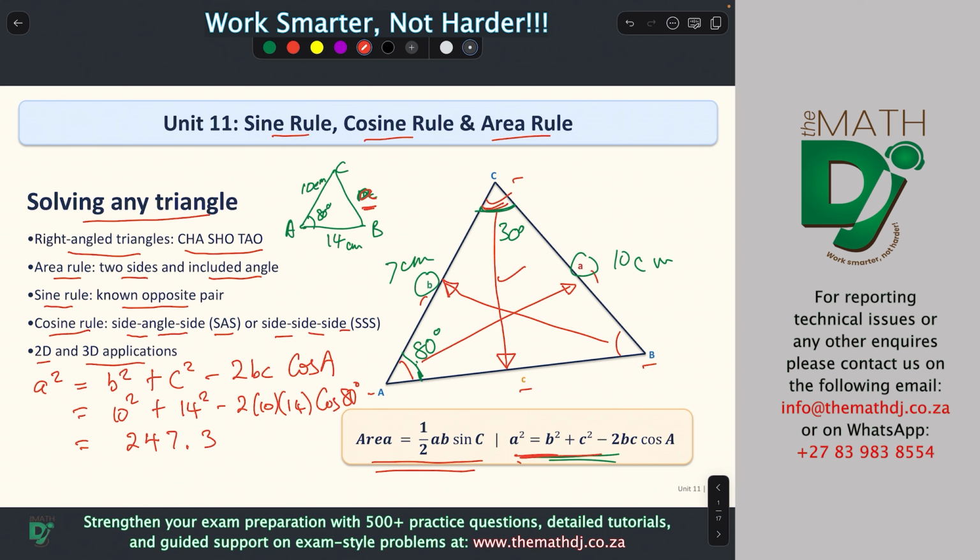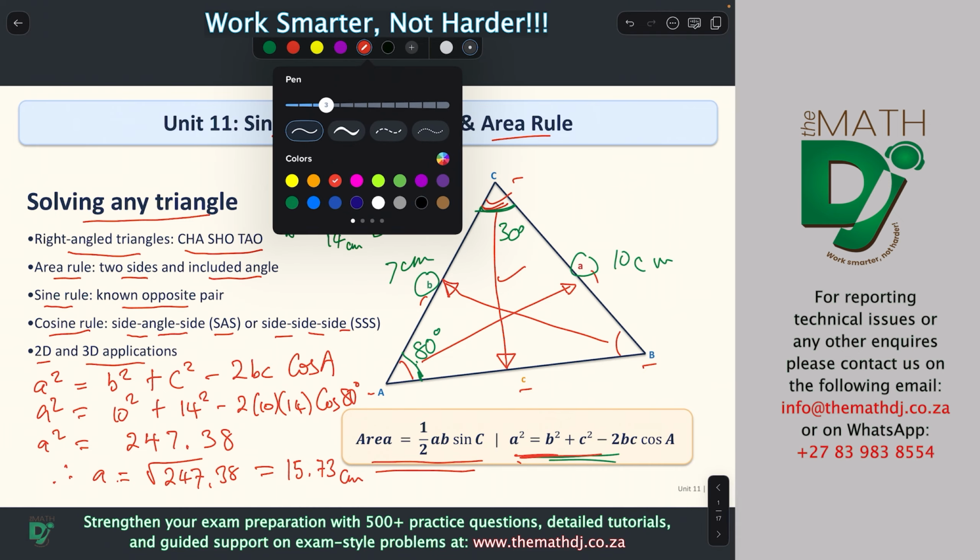Let me round it off to decimal places. This will be A squared. Therefore, A is equal to the square root of that, so it will be 15.73 centimeters. That's how we apply it.